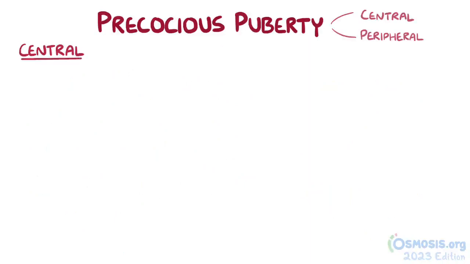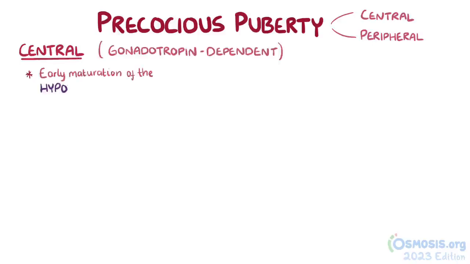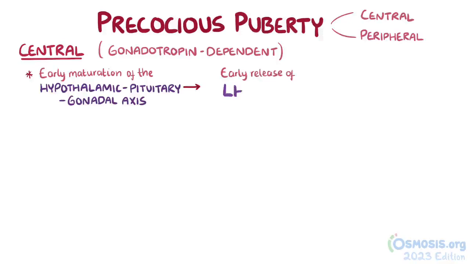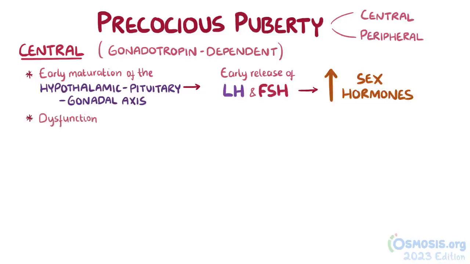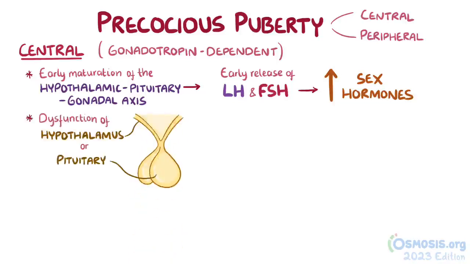Central precocious puberty, or gonadotropin-dependent precocious puberty, results from early maturation of the hypothalamic pituitary gonadal axis. When that happens, it causes an early release of luteinizing hormone and follicle-stimulating hormone, which in turn causes an increase in sex hormones. Ultimately, early maturation of the hypothalamic pituitary gonadal axis could be due to a dysfunctional hypothalamus or pituitary gland.